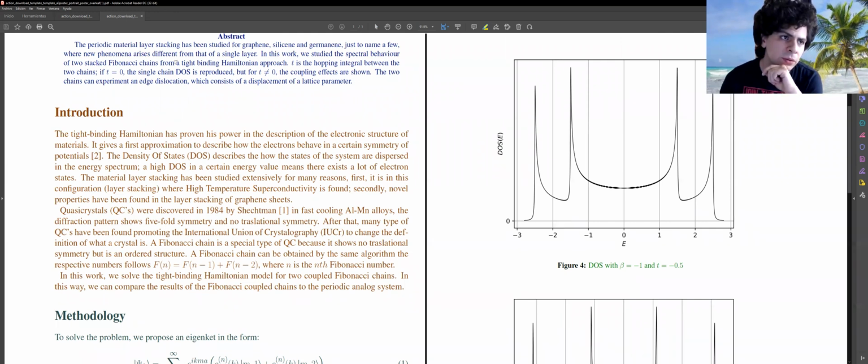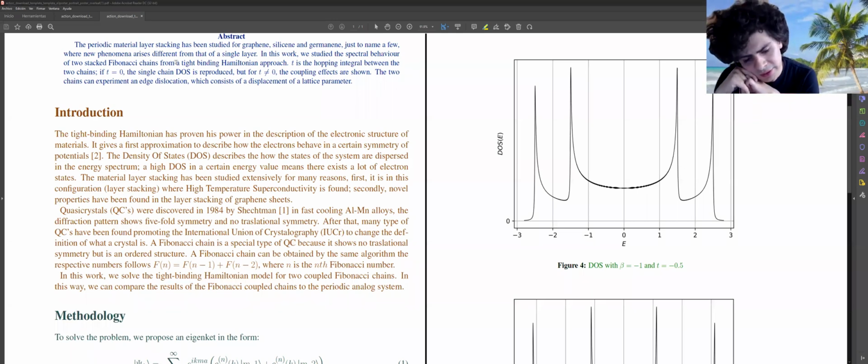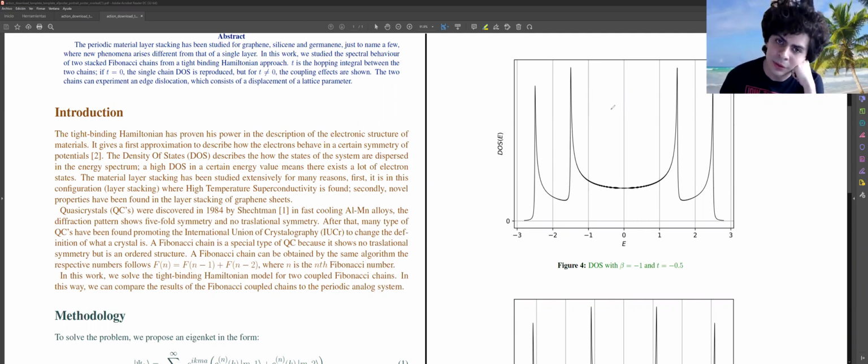First and foremost, what is the density of states? The density of states tells us the quantity of states that are squeezed into a certain value of energy. The higher the density of states, the more states there are at this value of energy.